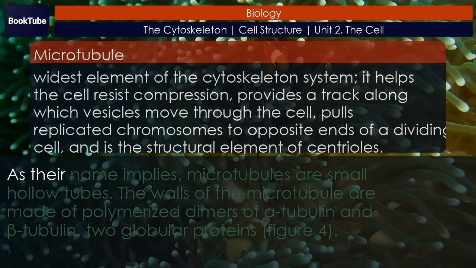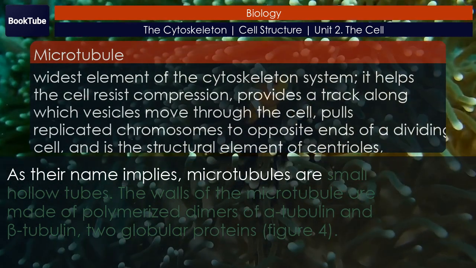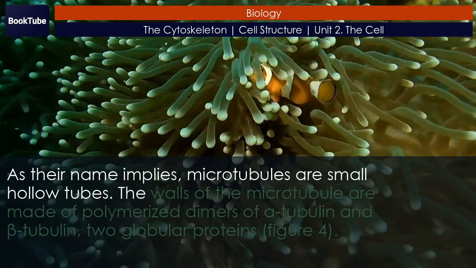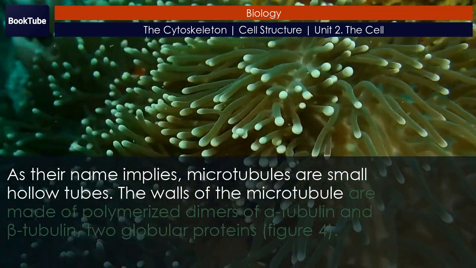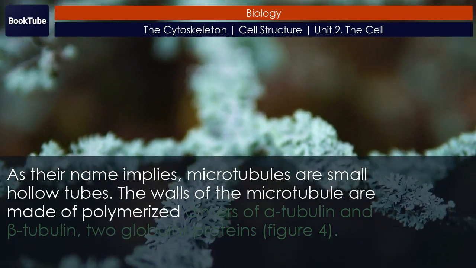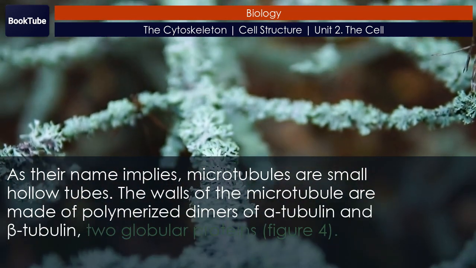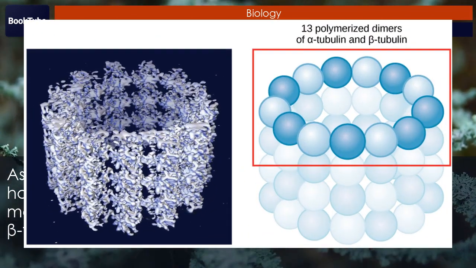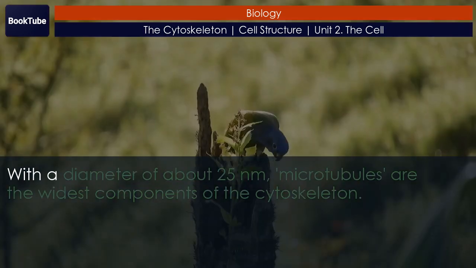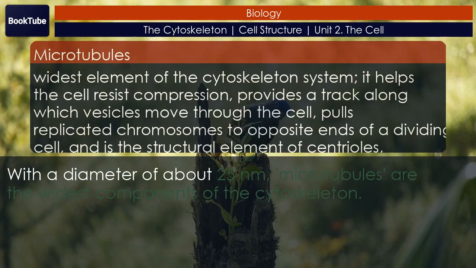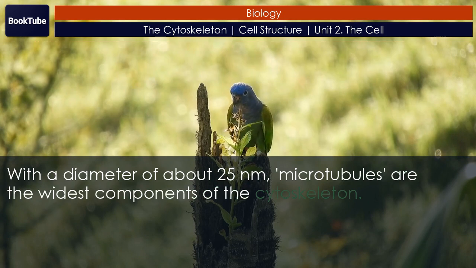As their name implies, microtubules are small hollow tubes. The walls of the microtubule are made of polymerized dimers of alpha-tubulin and beta-tubulin, two globular proteins. Figure 4. With a diameter of about 25 nanometers, microtubules are the widest components of the cytoskeleton.